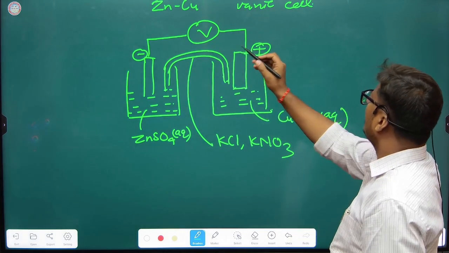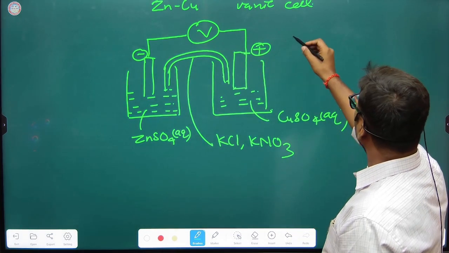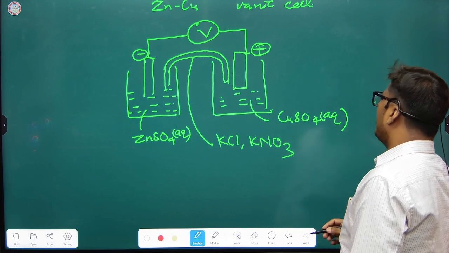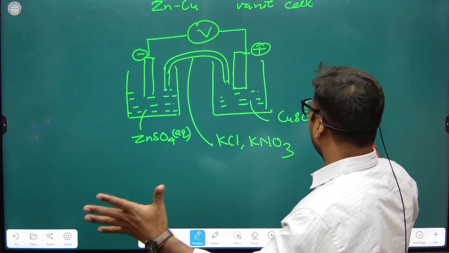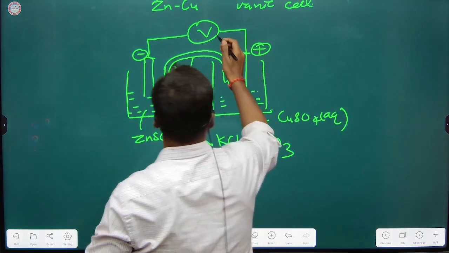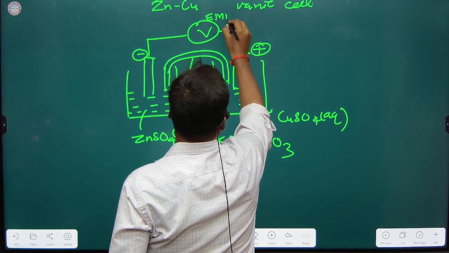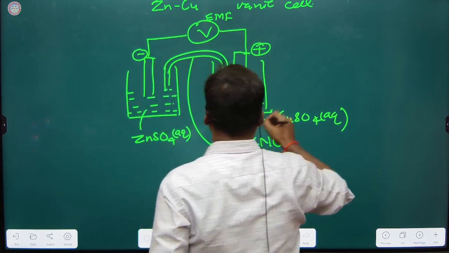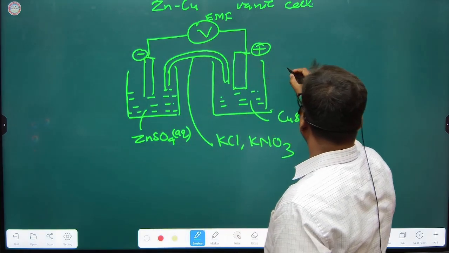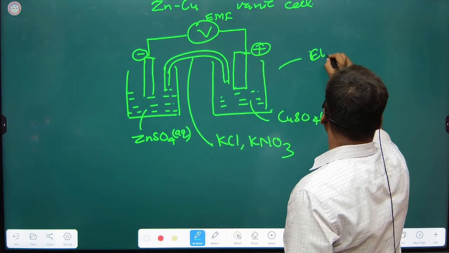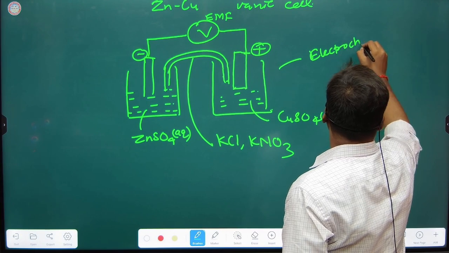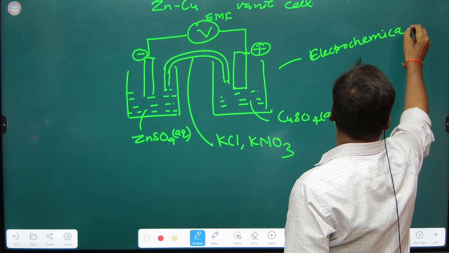So here the zinc copper galvanic cell is constructed and they are combined with a voltmeter. So this is the voltmeter that will measure the EMF of this particular electrochemical cell, right? So this is the electrochemical cell.